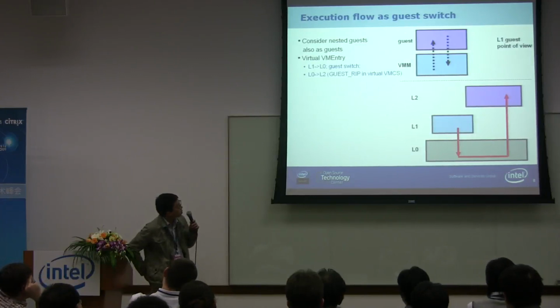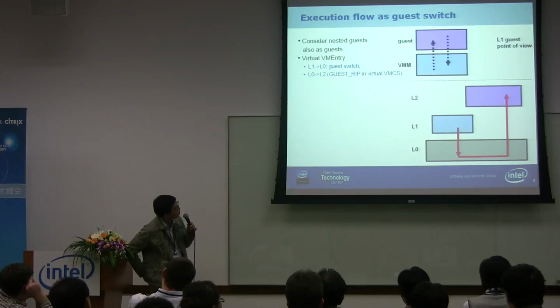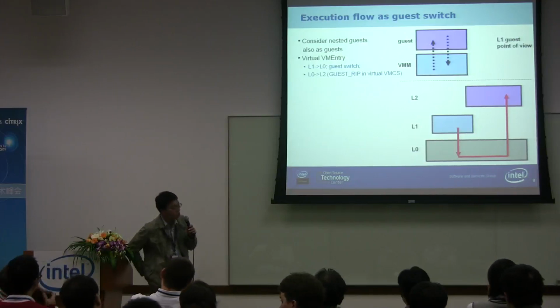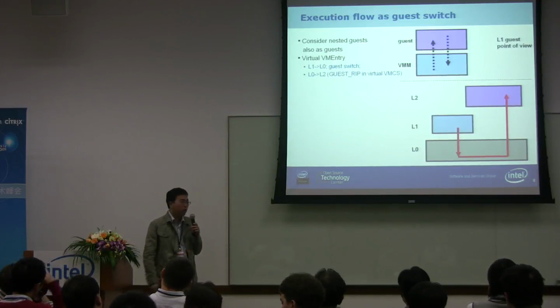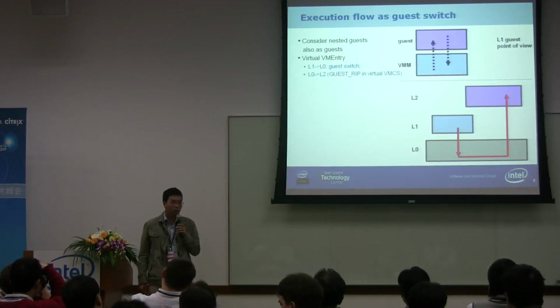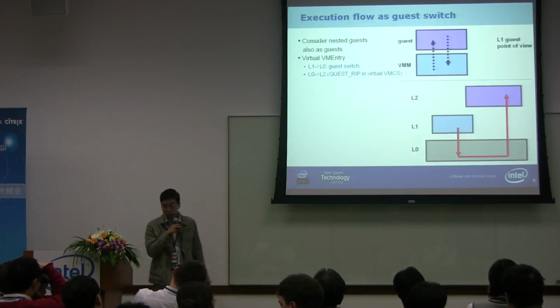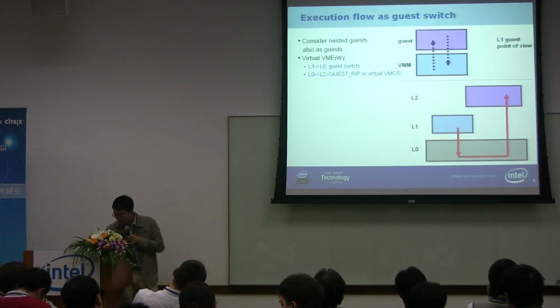In particular, the jumping point of this VM entry is the guest RIP register in the virtual VMCS. That is the RIP target running point in the nested VMM.